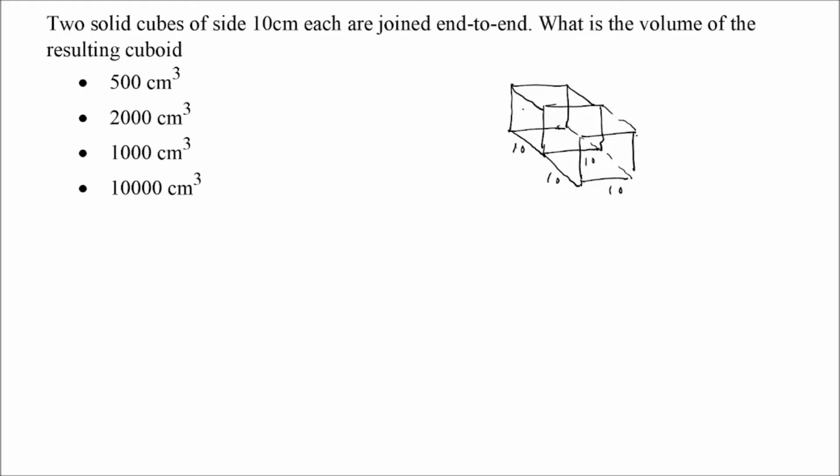So this will be a cuboid if we join two cubes of the same dimensions. So its volume is equal to L into B into H. Length will be 10 plus 10, 20. Breadth is 10, and the height is also 10. So 20 into 100, that means it will be 2000 centimeter cube. So this will be our answer.